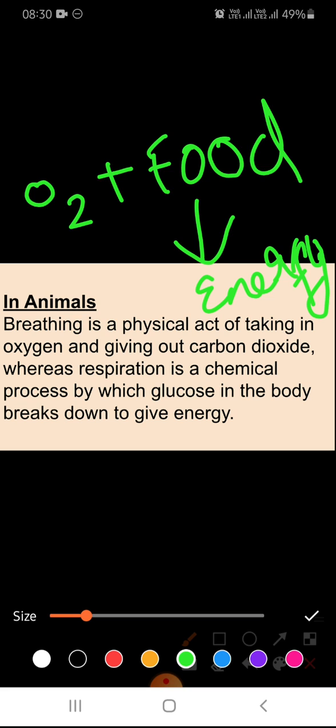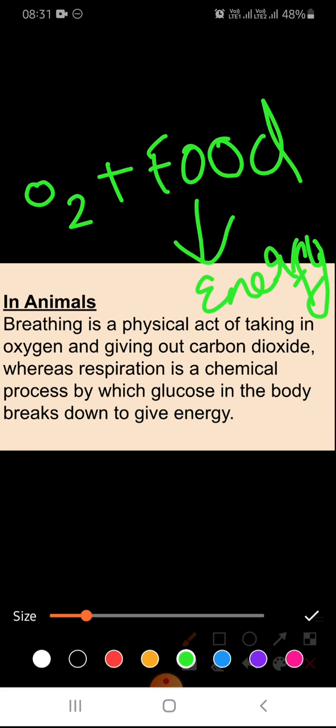That process is known as respiration. The change of food into energy inside the body is known as respiration. And taking of oxygen, inhalation and exhalation, that is what?